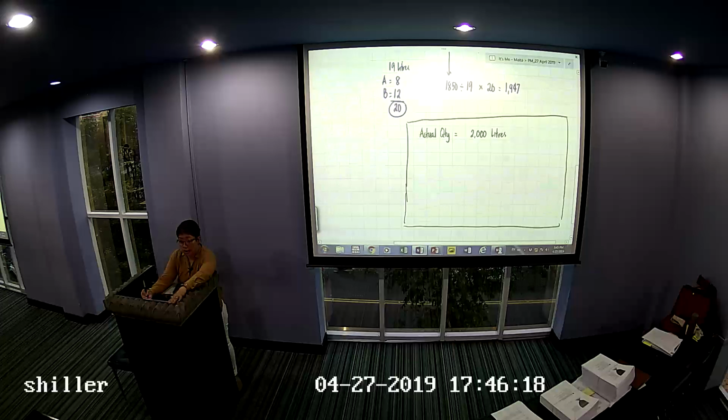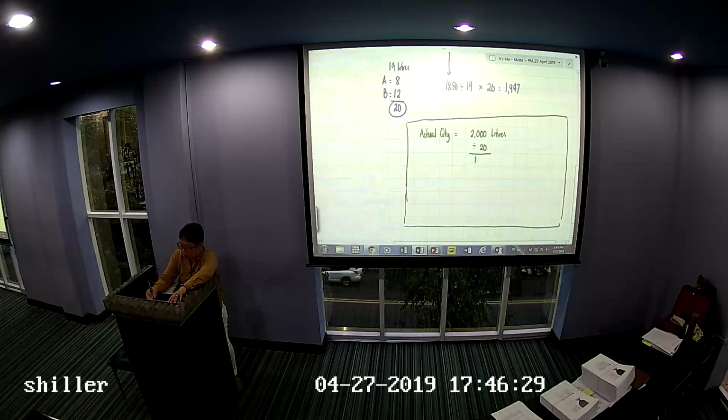The 2,000 liters, if I divide that by 20, will come up with what? 100 of what? Of 19 liters.